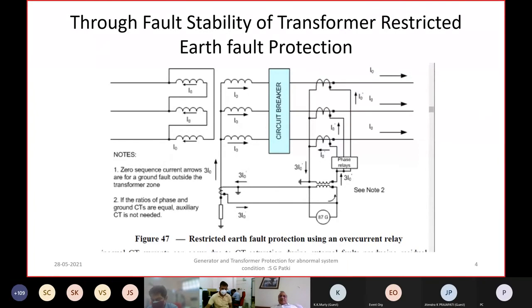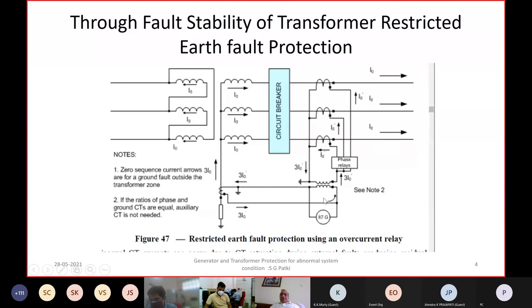This is the earth fault protection. Why is it called restricted earth fault? It's called restricted because it cannot be kept very sensitive. Otherwise, you will get unnecessary operation, for the reasons we just discussed.